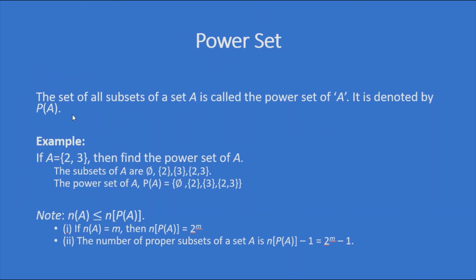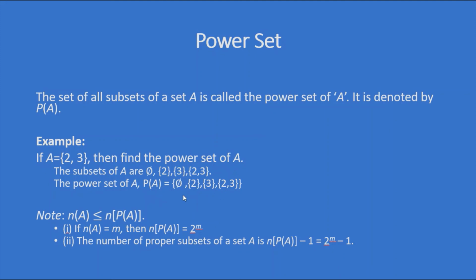Power set. The set of all subsets of a set A is called the power set of A. It is denoted by P(A). For example, if A = {2, 3}, then find the power set of A. The subsets of A are the null set, {2}, {3} and {2, 3}. So the power set of A is P(A) = {null set, {2}, {3}, {2, 3}}.